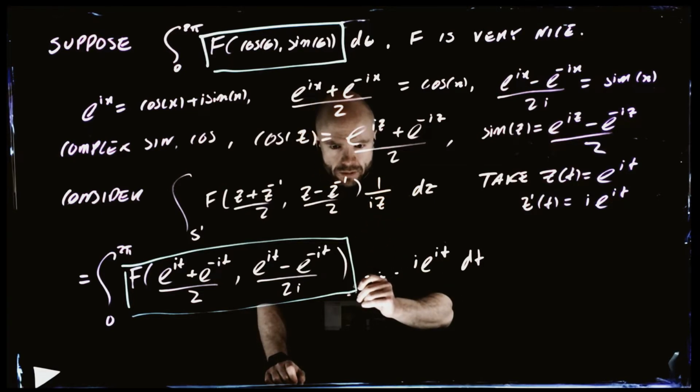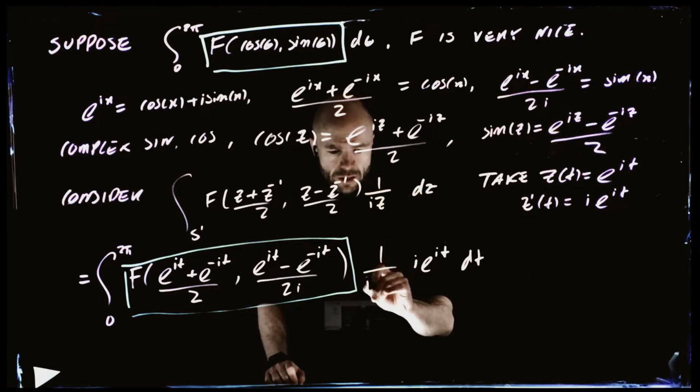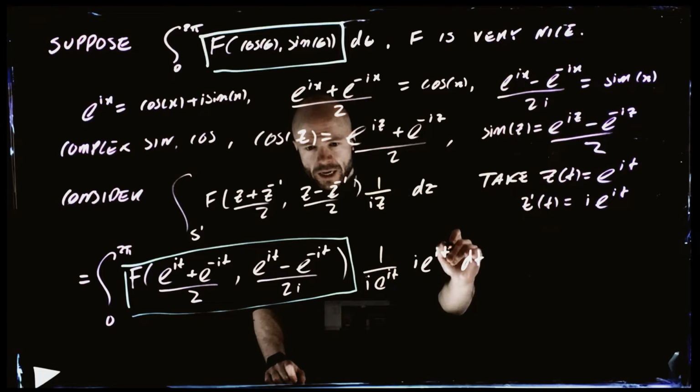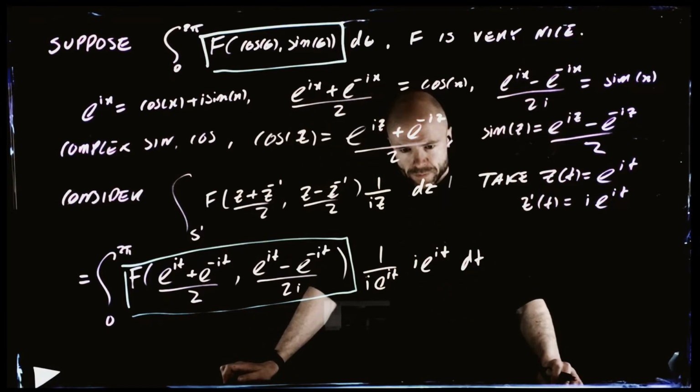If we did that, then we'd have 1 over i, and z is e to the it. And then these e to the its would cancel, and then we really would get exactly what we want. Do you see what I mean?